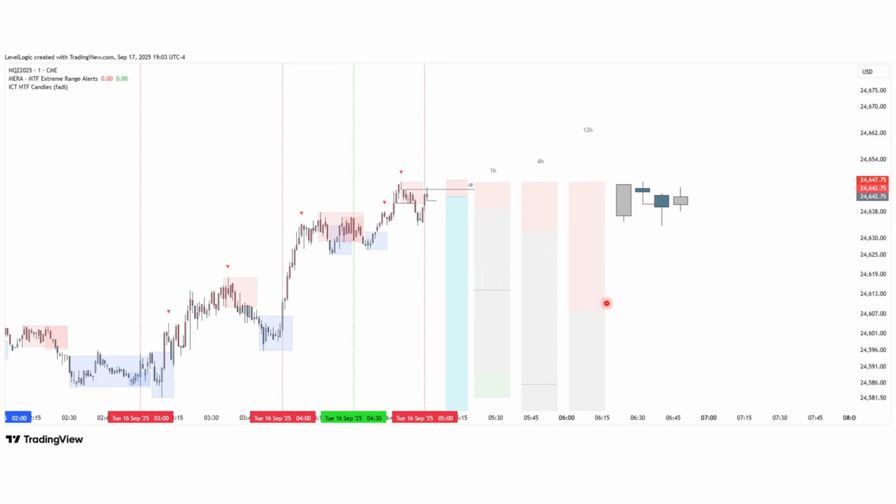Here we have MERA, which is our multi-time frame extreme range alerts. This is basically making sure that you're trading within extreme premium across multiple time frames, across multiple higher time frame candles, or extreme discount. And it's also starting to give you some multi-time frame alerts of when we're up in these areas and you have the confluence of all the other statistics when we're starting to break down.